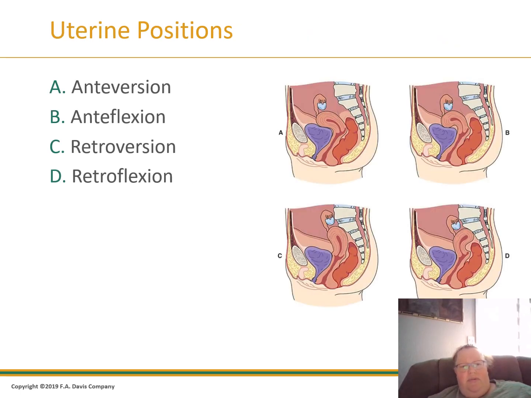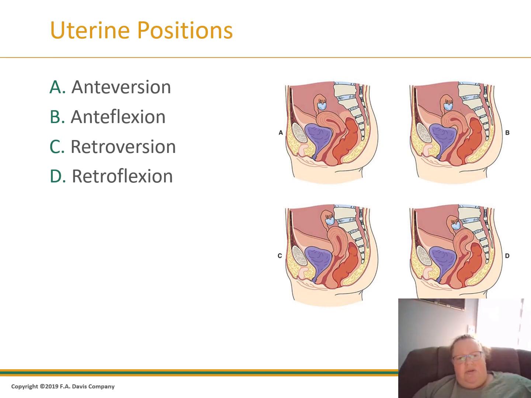So here are uterine positions. There's anteversion, and if you notice, look at how the uterus looks in retroversion, and then of course retroflexion. So anteversion is kind of the normal uterine position. Why is this important, you ask? I get it. It doesn't seem like it would be.